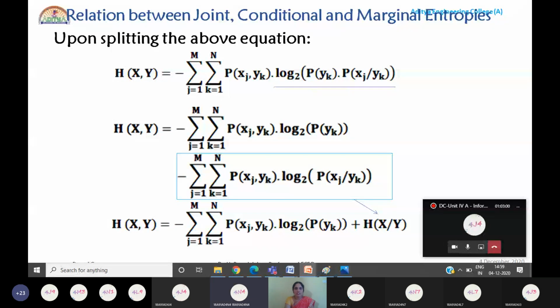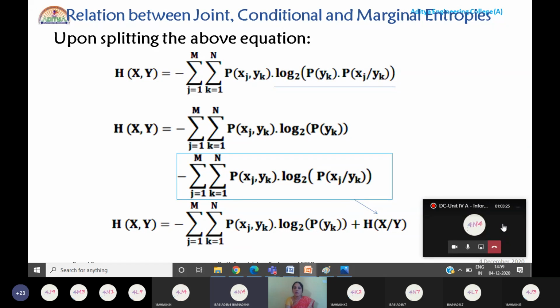Conditional entropy, ma'am. This is conditional entropy. Which kind of conditional entropy is it? H of x by y. What is H of x by y? By knowing the receiver y elements and evaluating the parameters of the transmitter x.